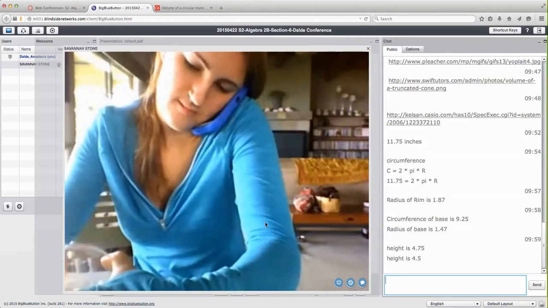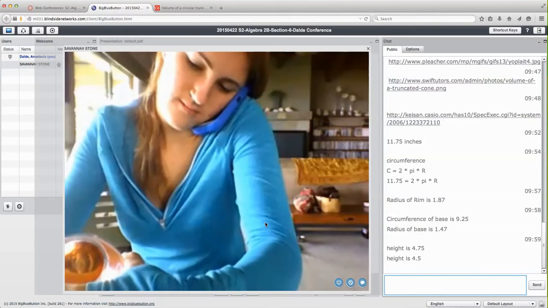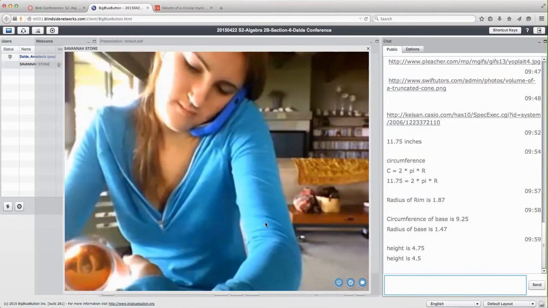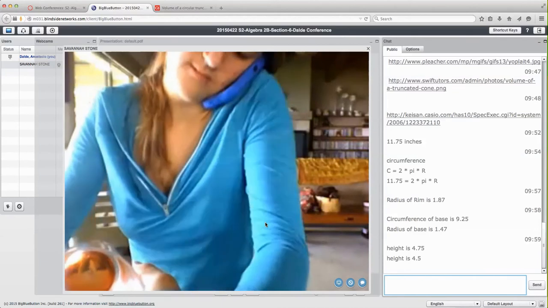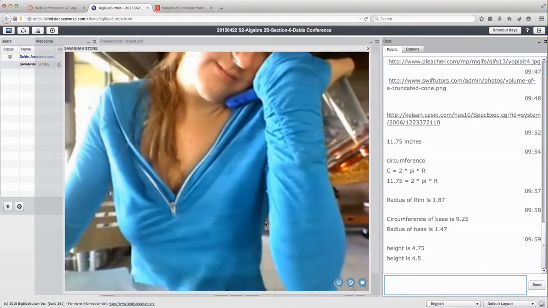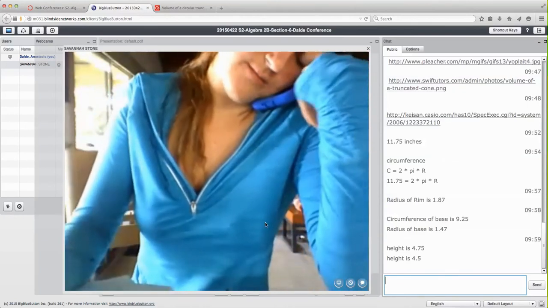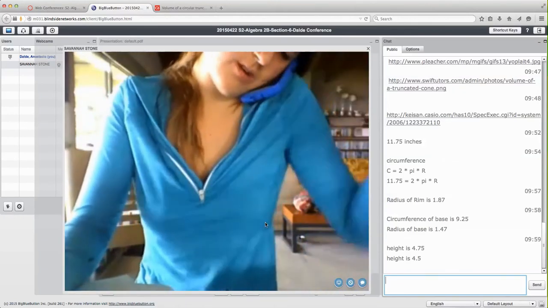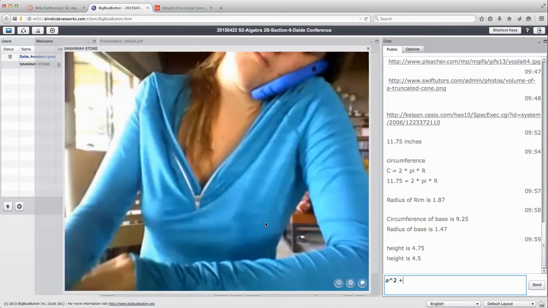Do you know how to find the other side of a right triangle if you have the hypotenuse and one side? Do you remember Pythagorean theorem?